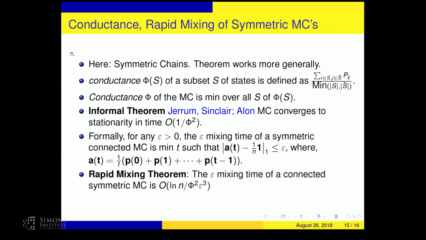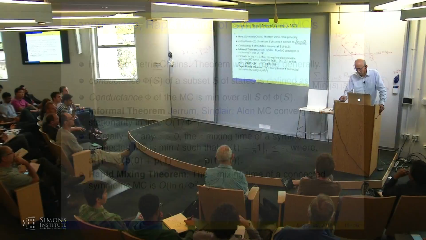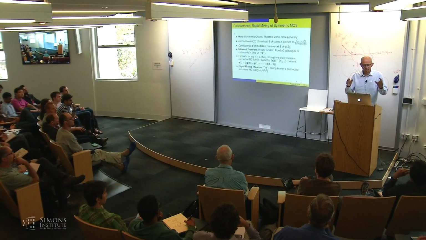This is a formal statement of the theorem. Ignore the exact factor. It should be for regular symmetric chains. Does symmetric imply regularity as an undirected graph? No, it need not be regular. So it should be, this is for regular graphs, right? Otherwise it will be proportional to the degree of a vertex. No, because as long as it's symmetric, the stationary probabilities are the same for all vertices.